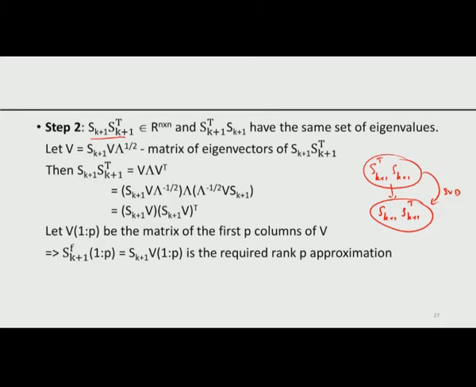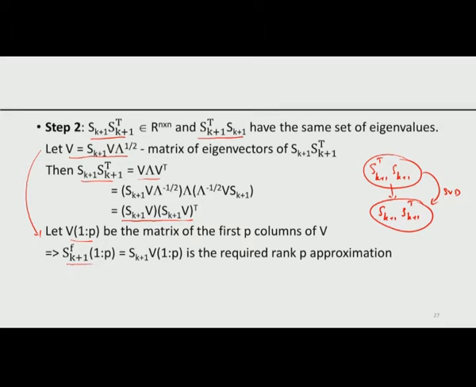These two matrices, by theory, have the same set of non-zero eigenvalues. I can define a matrix like this, a matrix of eigenvectors of that. If I multiply these two, I get this, and from there you can readily verify it. Therefore, for the matrix V defined here, the first p columns of this whole matrix are what we need.